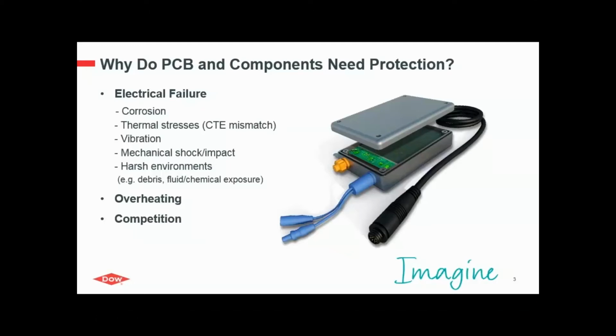Another reason is overheating. Due to the fact that parts today are getting smaller and smaller and have more functionality, the temperature increases at the same time to a high extent. And maybe a third not so obvious reason is the protection from competition. You may not want to see others look at the design of the components used on your board.